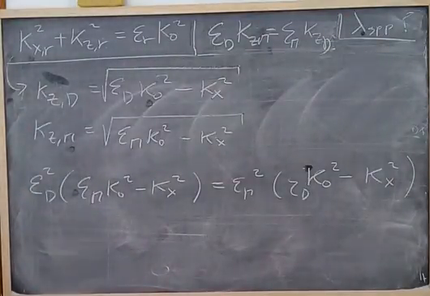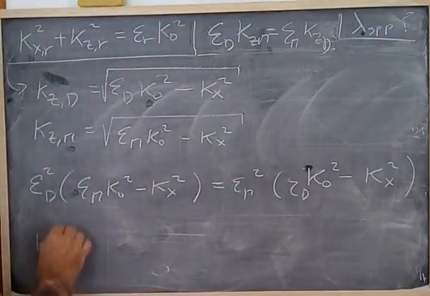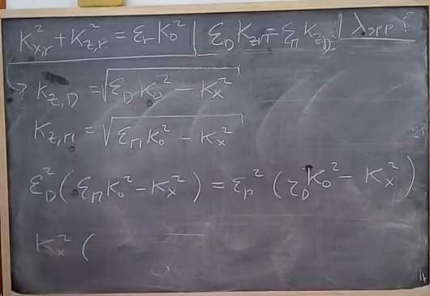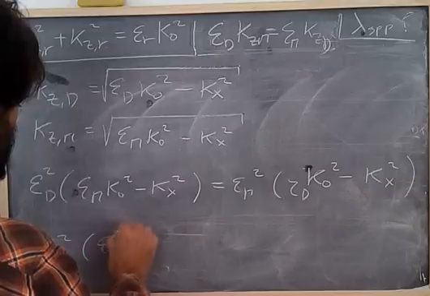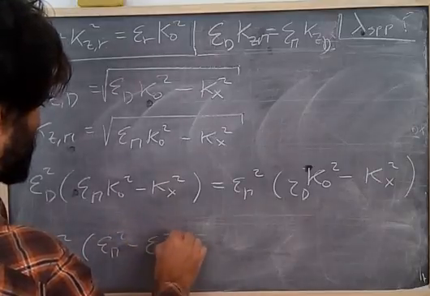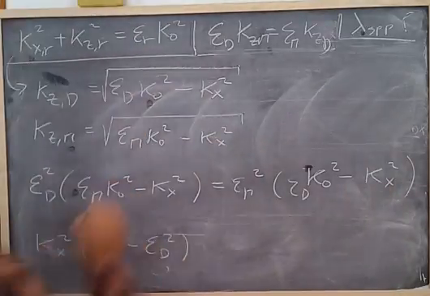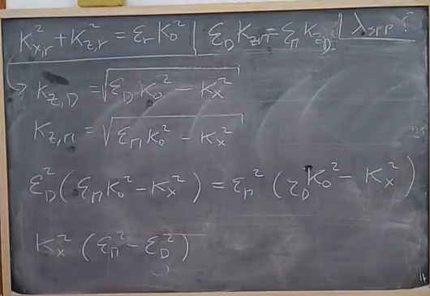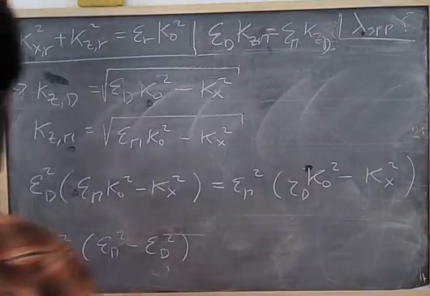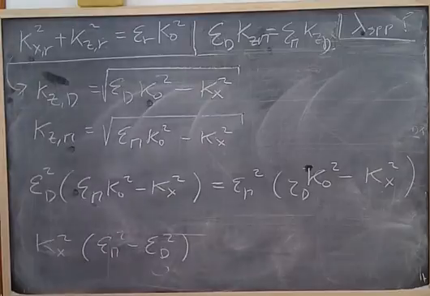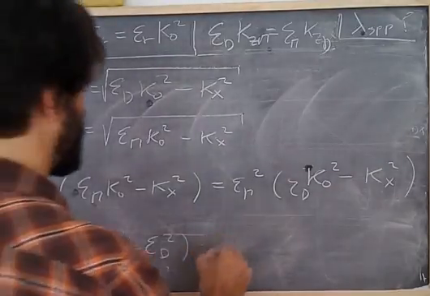So I can rewrite kx squared multiplied by (epsilon m squared minus epsilon d squared) as equal to the left-hand side of the equation, moving it to the right-hand side.